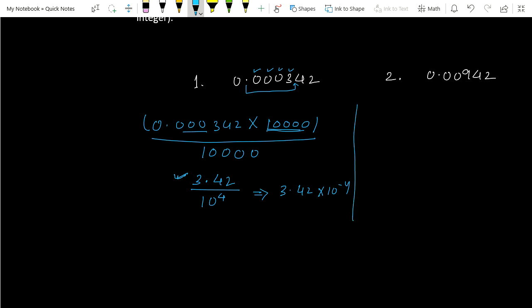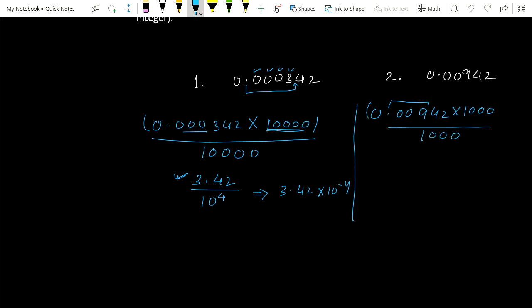Now let's see the second example. The number is 0.00942. We have to shift the decimal towards the right side 3 places. If we are interested to shift the decimal towards right side 3 places, we have to multiply the number by 1000. So it is necessary to divide the number by 1000 also.